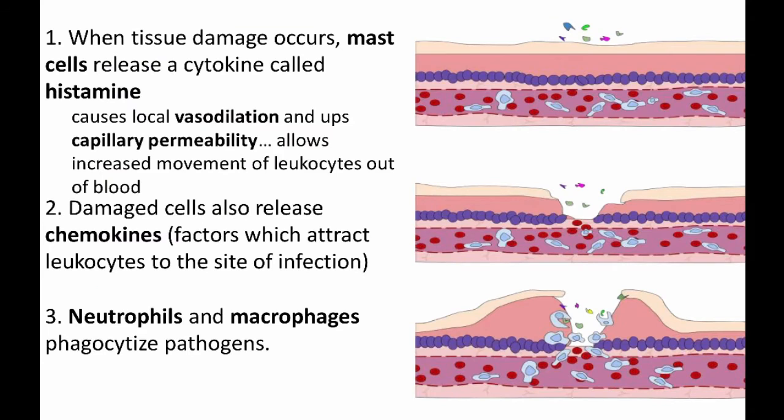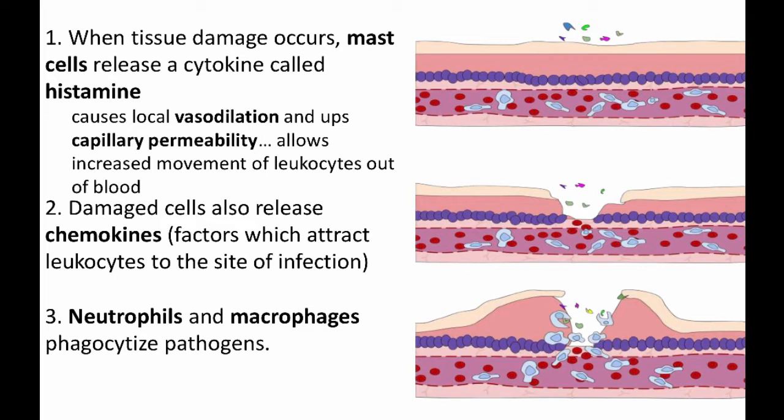All right, so when tissue damage occurs, immune cells that are called mast cells, these are the resident tissue immune system cells that I was telling you about, release a molecule called histamine, and histamine causes the capillary beds in the area to dilate, right?